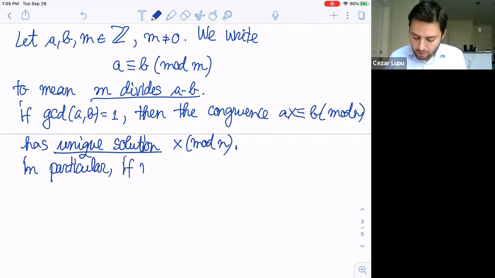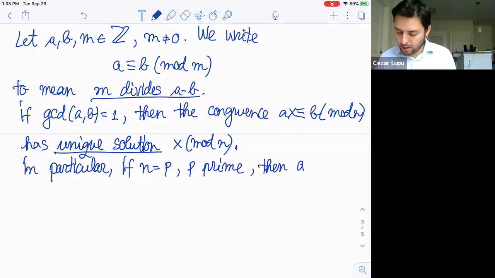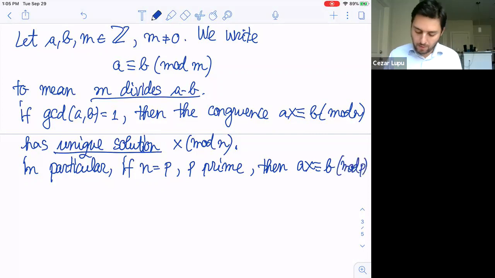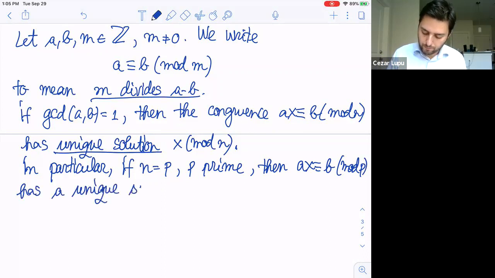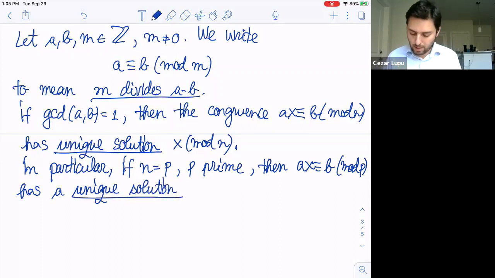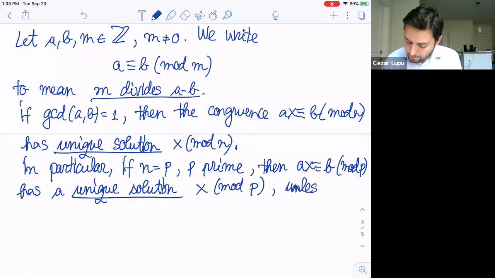In particular, if n equals p, where p is a prime, then this congruence ax congruent to b mod p has a unique solution x mod p, unless, and this is important, p divides a.